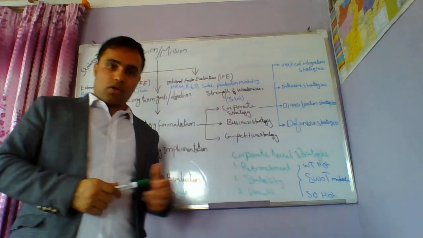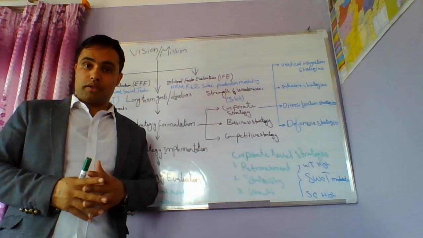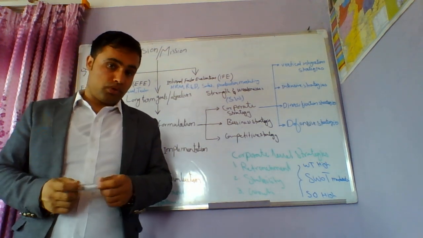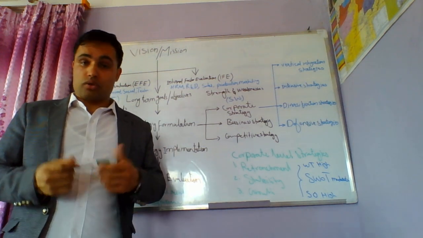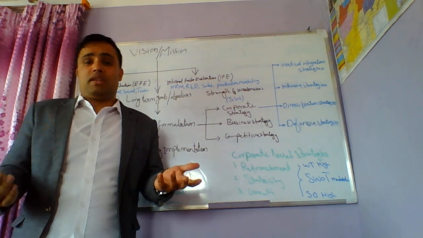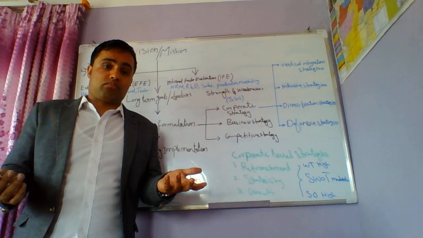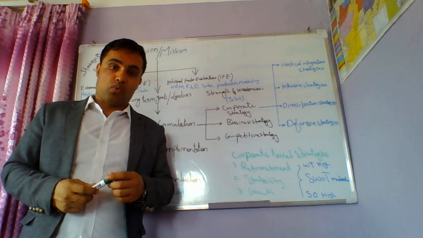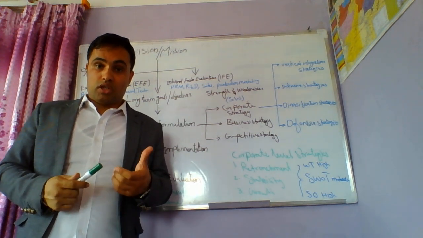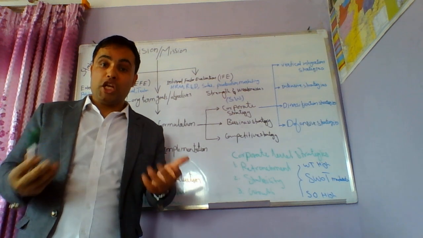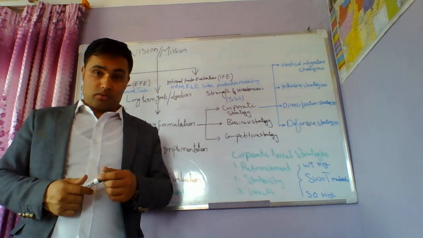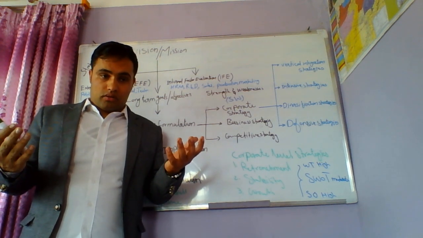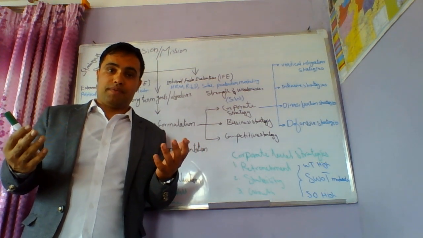So let's discuss what is involved in developing strategies. First and foremost, when you are trying to develop a strategy, you should have a long-term goal, which is the vision. After the vision, you have the mission for your organization or business entity. What is the vision?